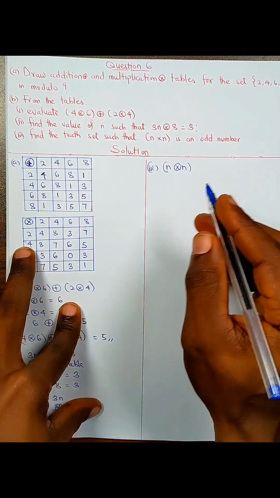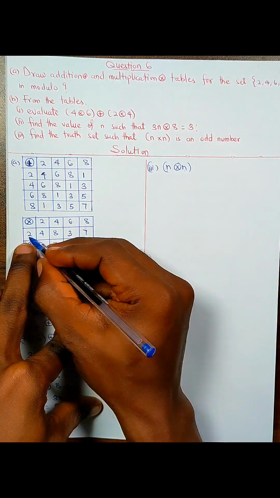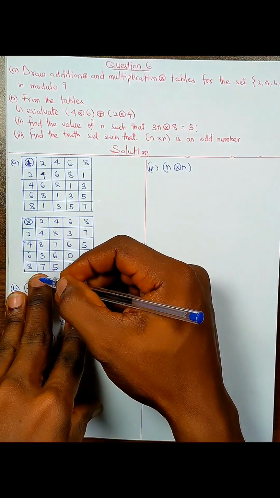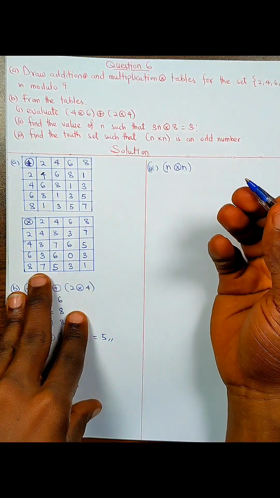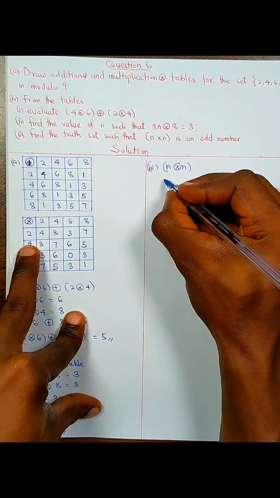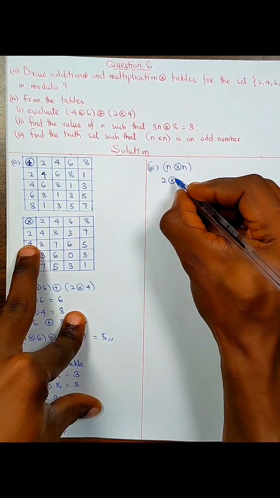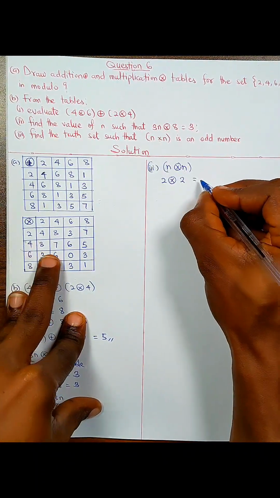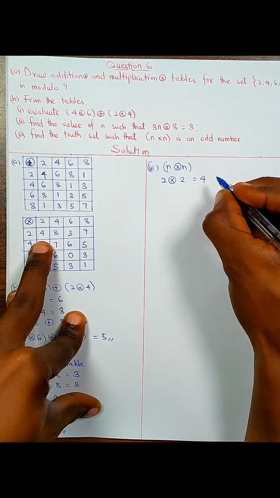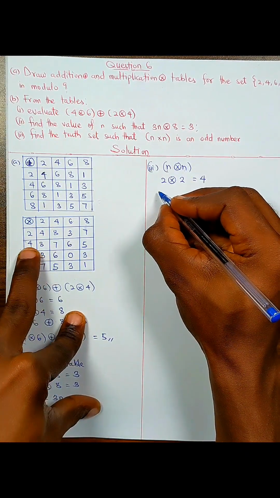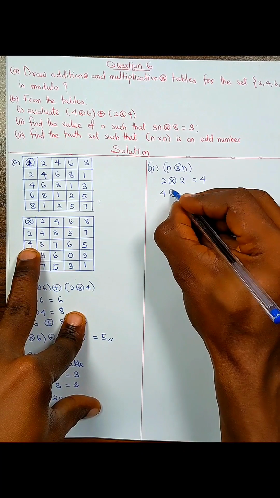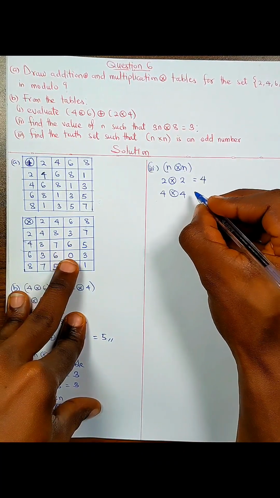So we first of all take 2. We can actually do it for all of them and then detect which ones give us odd numbers. So we can say 2 operation 2 from the table gives us a 4. Then we can say 4 operation itself, because it's n times n.